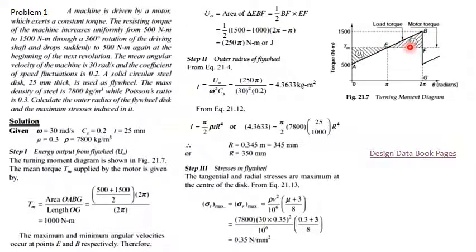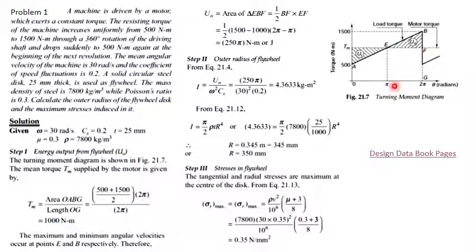Now to compute the area of the triangle, we can say that the area of the triangle is equal to half into base into height, that is half of EF into BF.